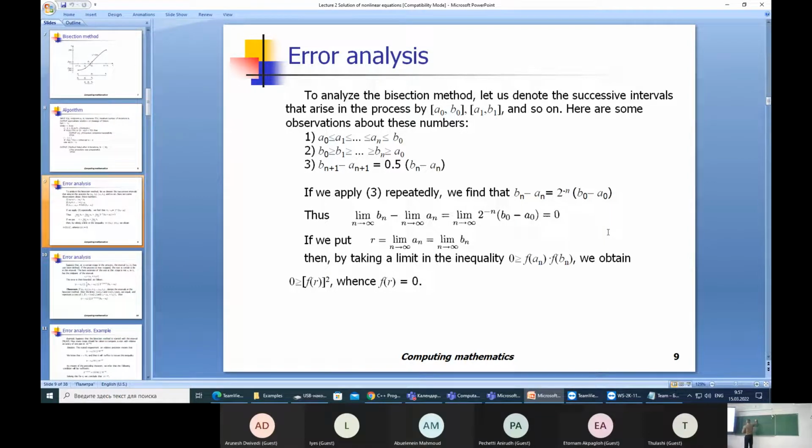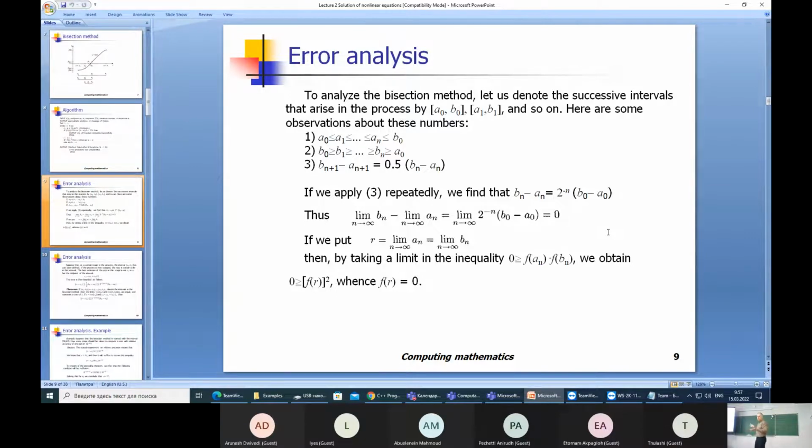This is the initial interval. The next interval, the half of this interval, A1, B1. And so on, A2, B2, and so on.